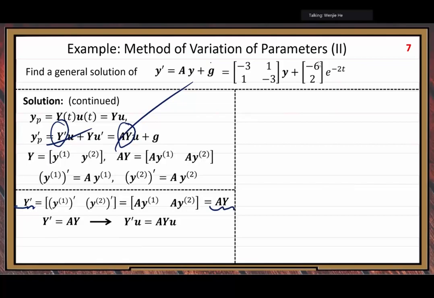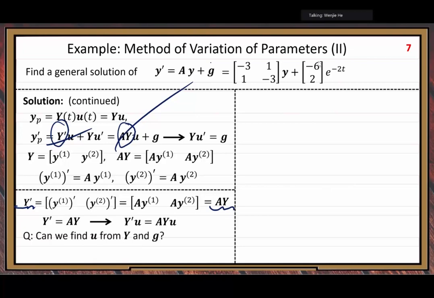This is the cancellation part. After cancellation, we have a much simpler linear equation: capital Y times U prime equals G, G vector.